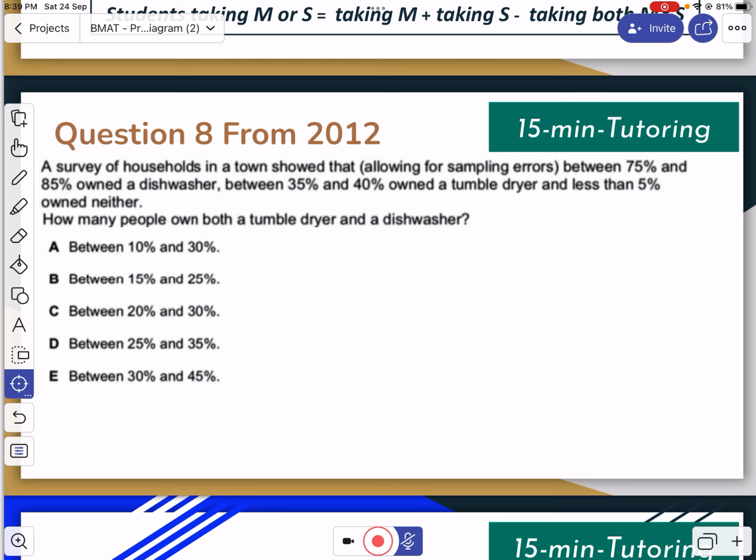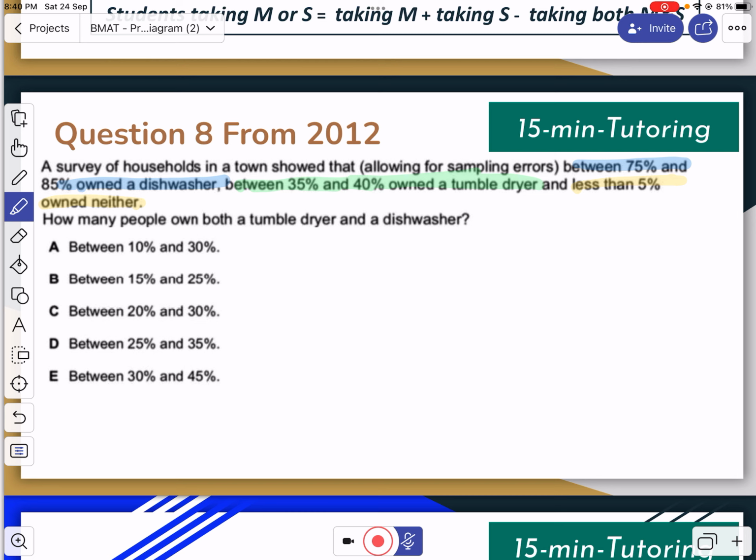In this question, a survey of households in a town shows that between 75 and 85% own a dishwasher. And then between 35% and 40% own a tumble dryer. And finally, we have less than 5% who own neither appliance. And the question asks, how many people own both appliances?